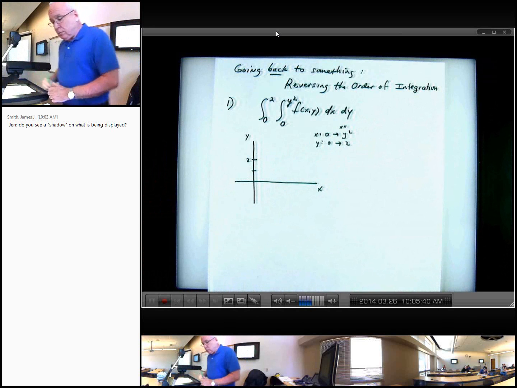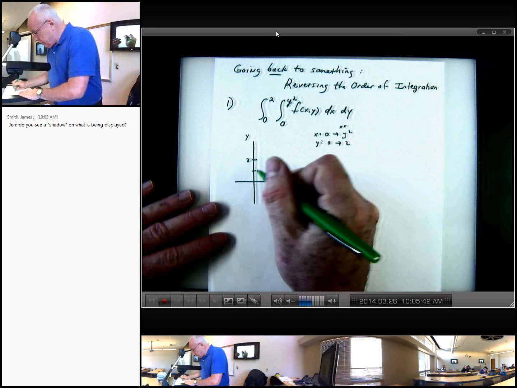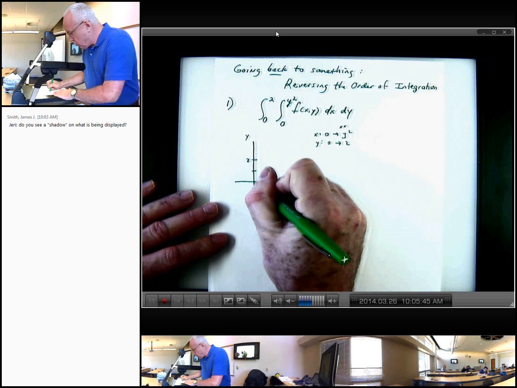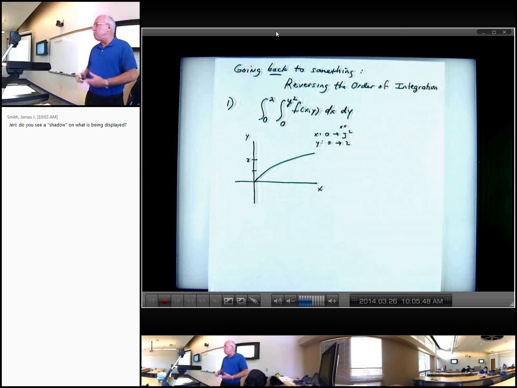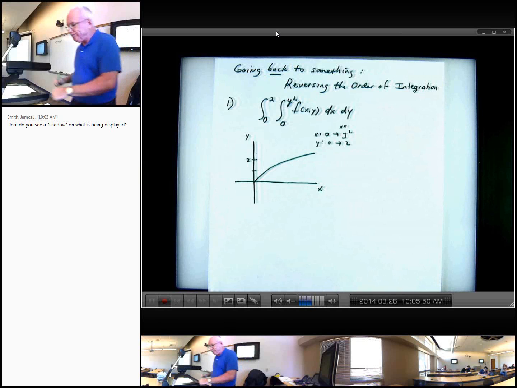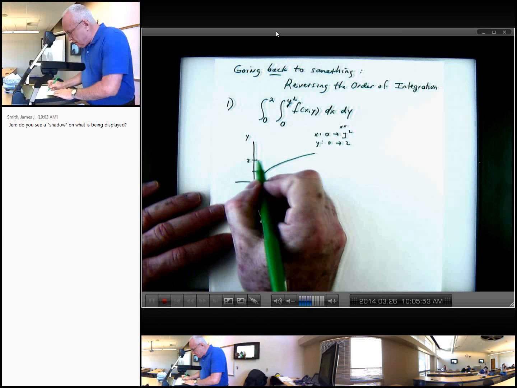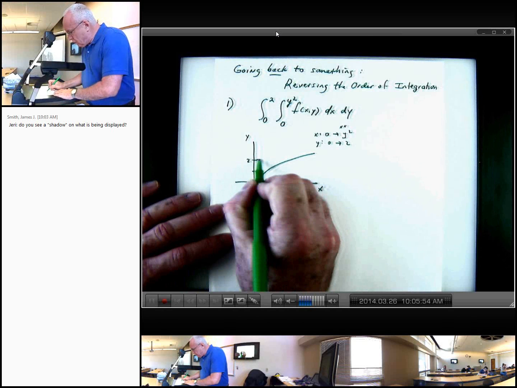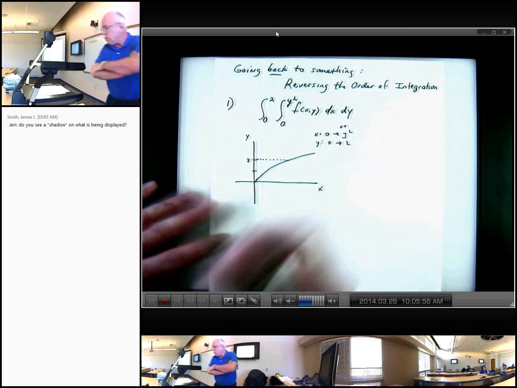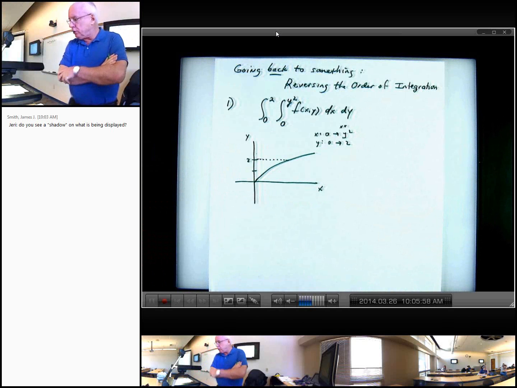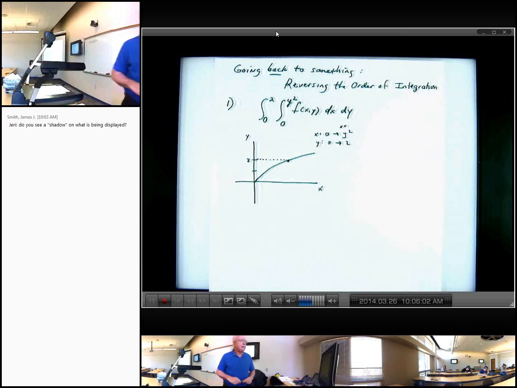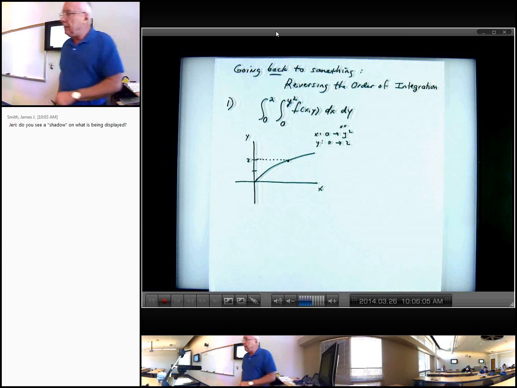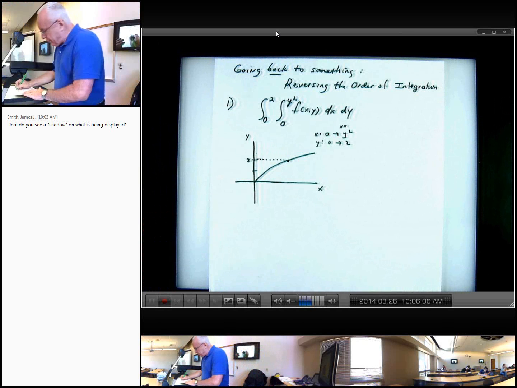So x equals y squared is going to roughly look like this. It's going to be a sideways parabola. Then let's draw that horizontal line over from 2 until it meets the sideways parabola, and figure out what point we have there.